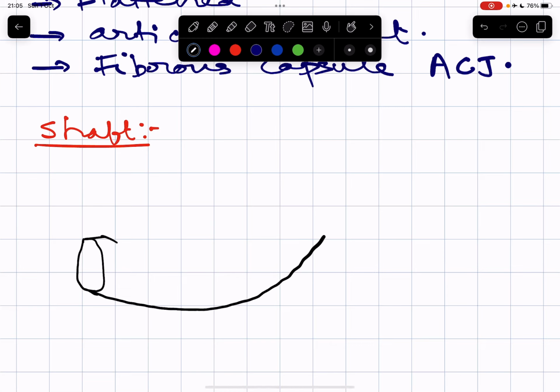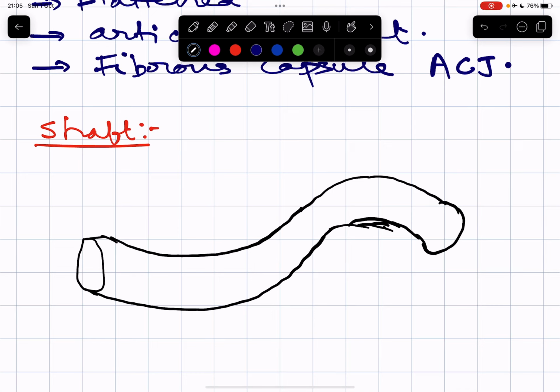Here is the curvature of the shaft of the clavicle, and then it bends like this, and then it forms the acromial end. So this is the diagram of the clavicle. Here let us label the ends of the clavicle. This end is the medial end, and this end is the lateral end.